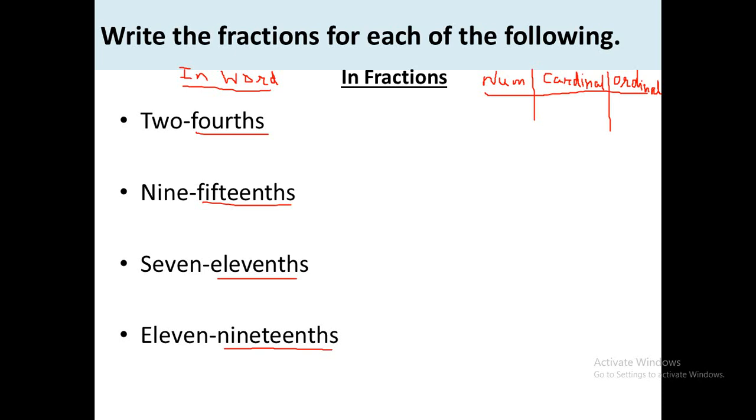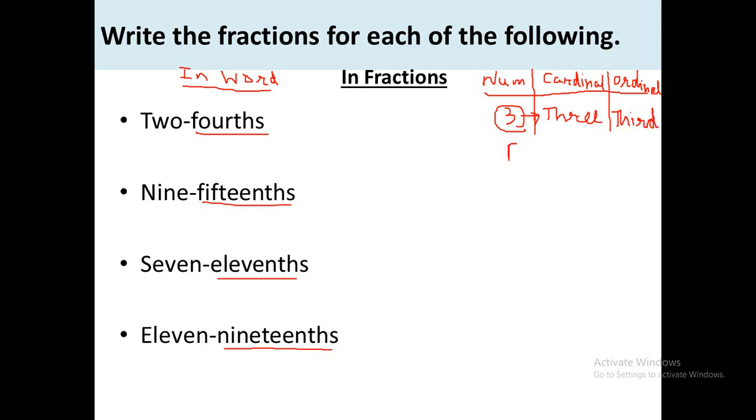See, number, let me take 3. The cardinal form of this number 3 is 3, right? But the ordinal form of this number 3 is 3rd. This is the ordinal form of 3.